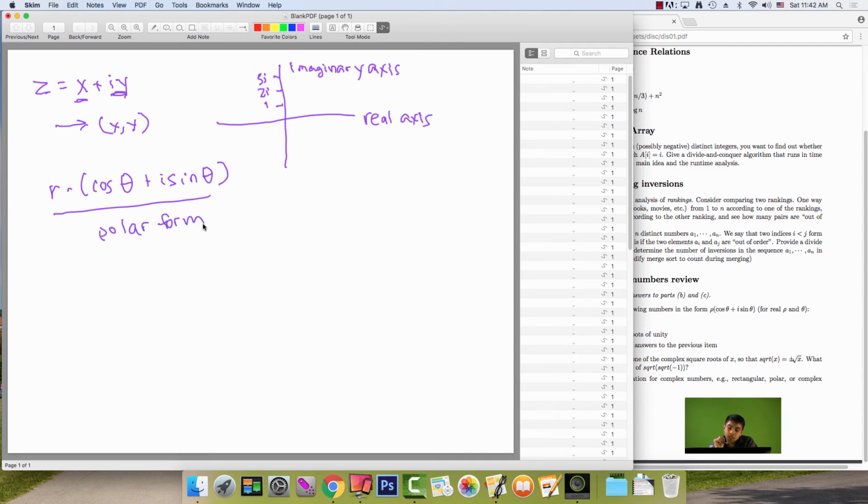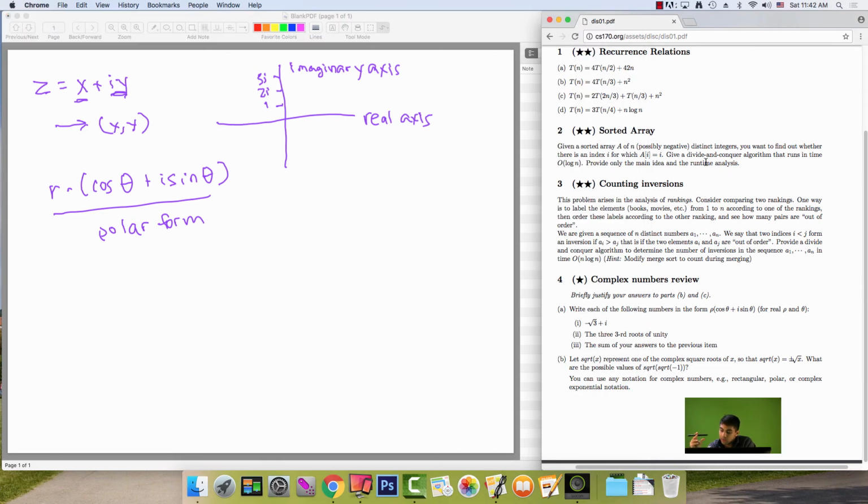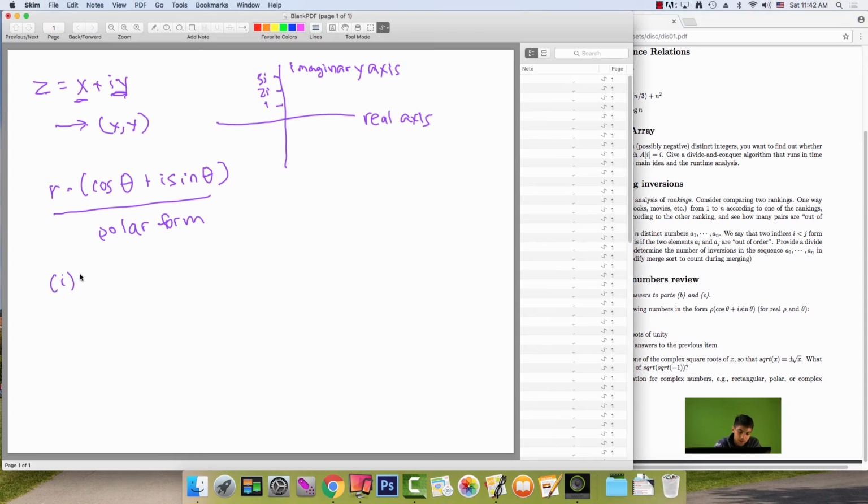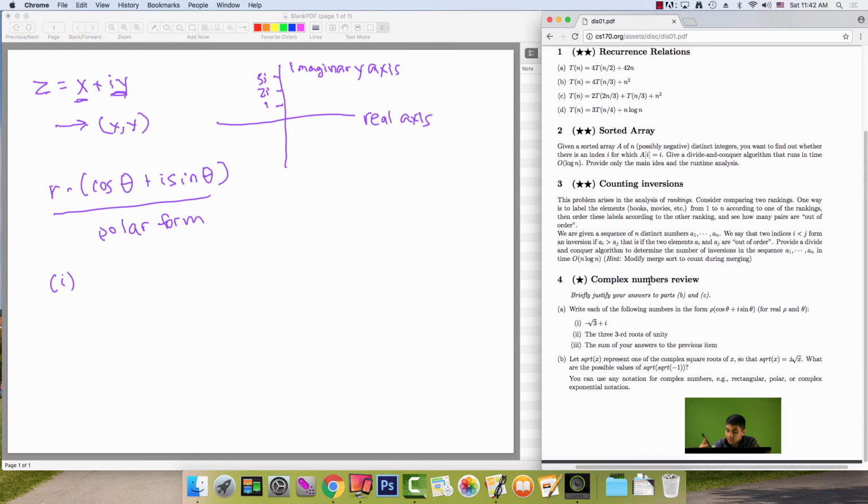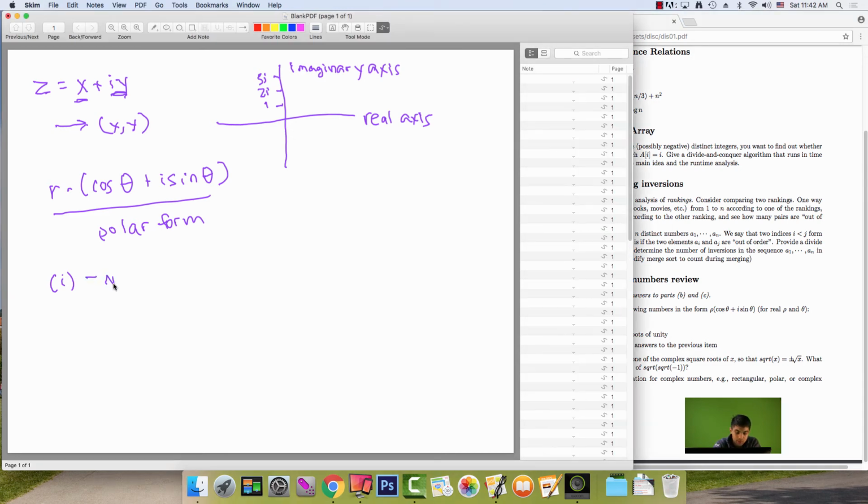The easiest way to think about how to do this is to plot the complex number in the complex plane. Looking at the very first part, part i, our complex number is negative square root of 3 plus i. Remembering our one-to-one xy mapping, this gives us the coordinate negative square root of 3, 1.